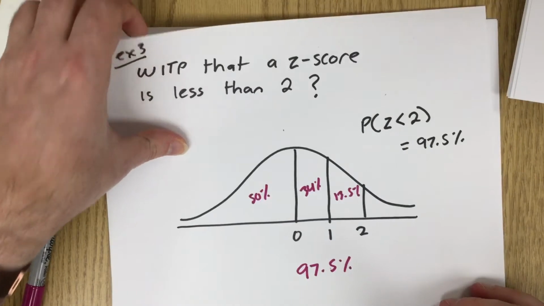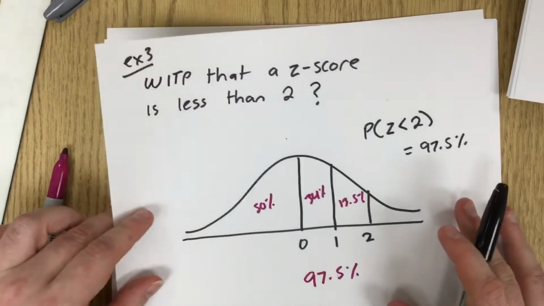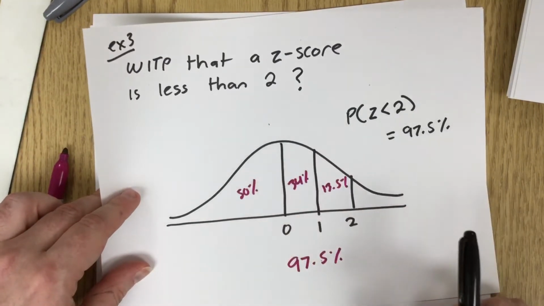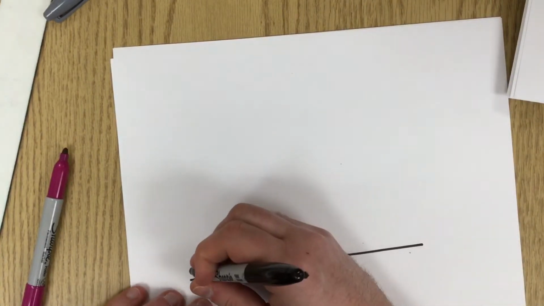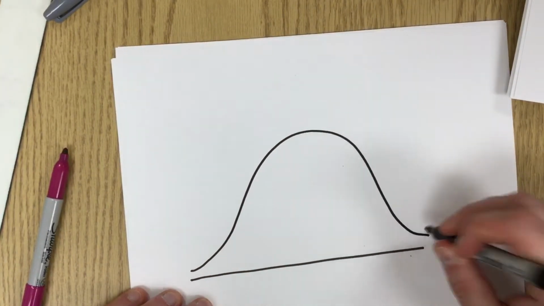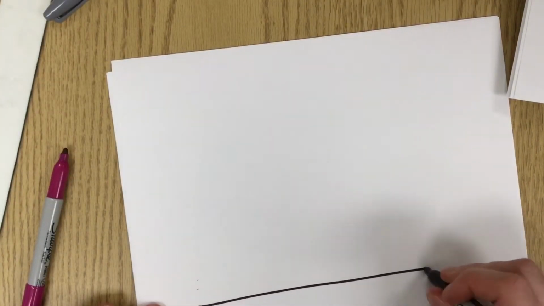Now, it turns out that let's say the z-score was not exactly on a nice number. Let's say I wanted to know what's the probability that the z is less than 1.5. So it's not as simple as it looks.